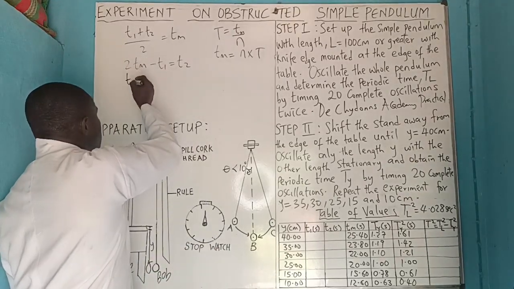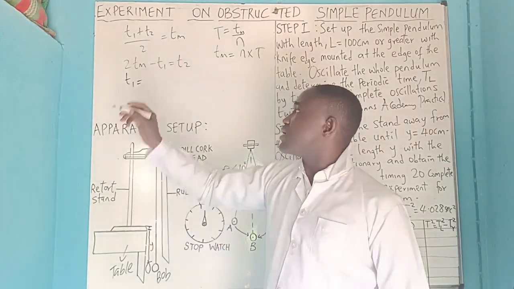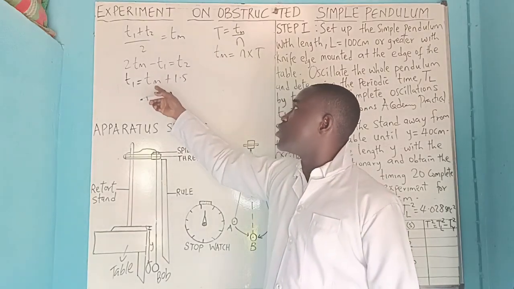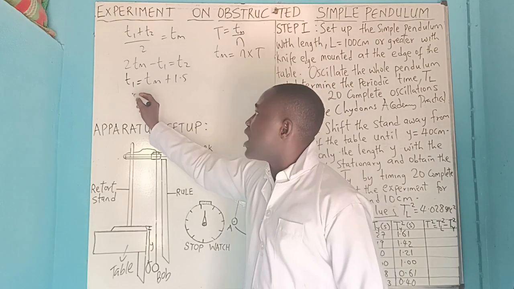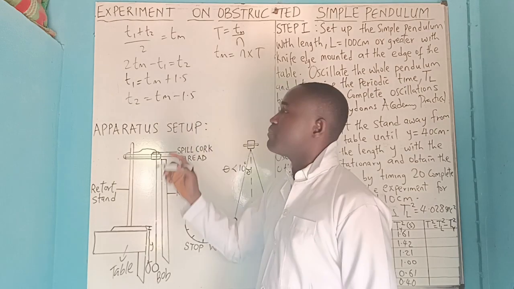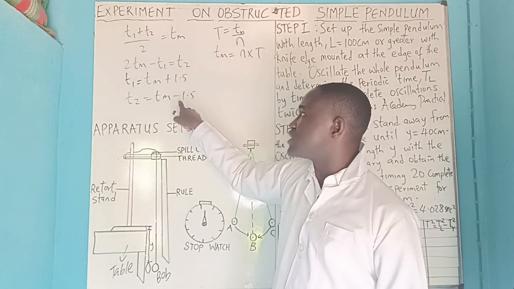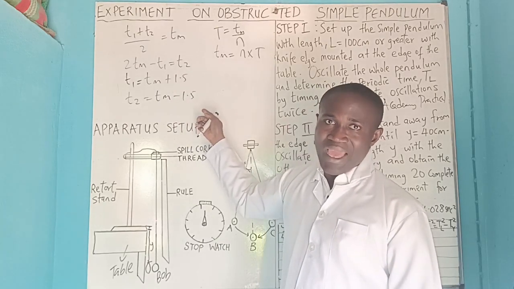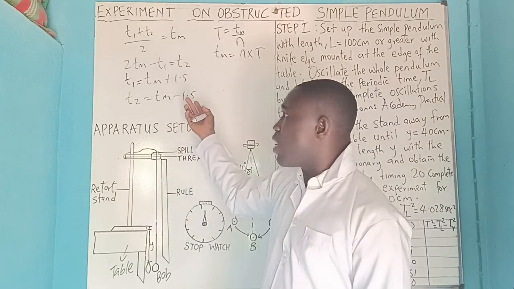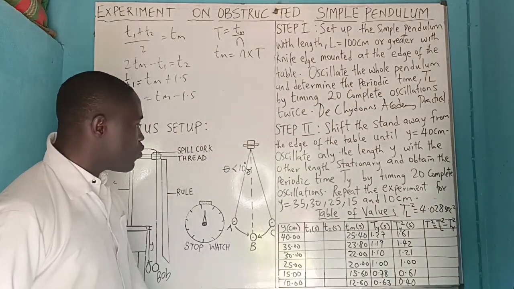Now, with experience, I will tell you, for your T1, add 1.5 to this Tm, and subtract 1.5 from your Tm. That is just it. If you say add 1.0, you have to say subtract 1.0. Are you getting it? But look for a number that can go well. 1.5 can go well in this simple pendulum experiment. And so that is how we'll get it.